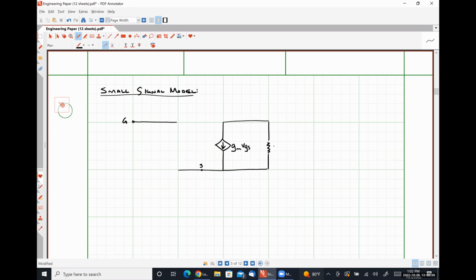So I'm going to call this resistance right here, where this is defined to be delta VDS with respect to ID. So this is how our channel length modulation manifests in our small signal model.